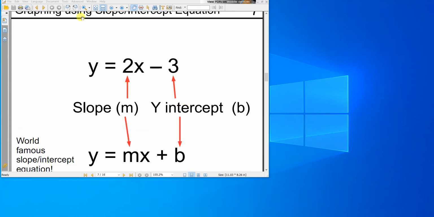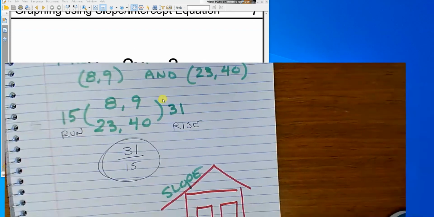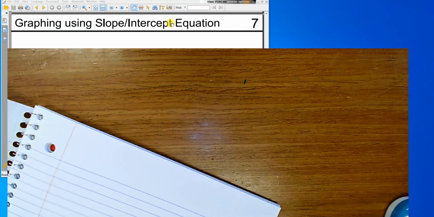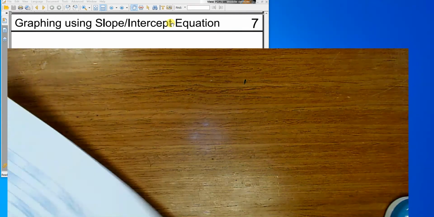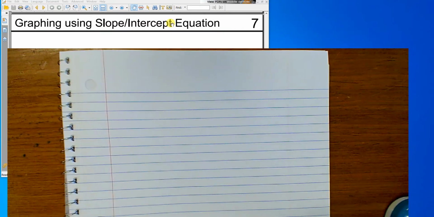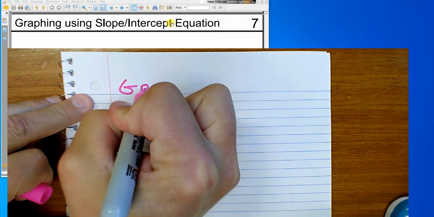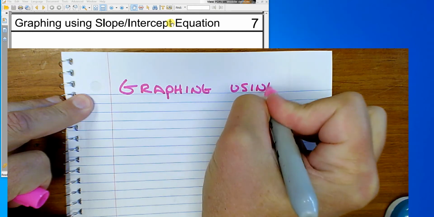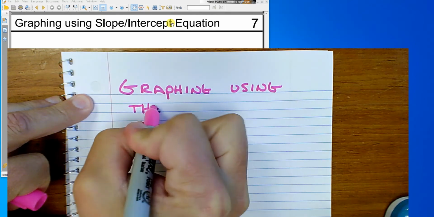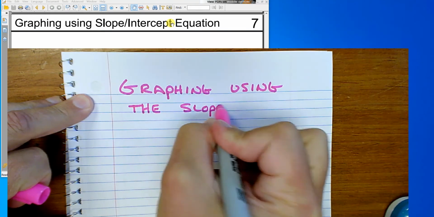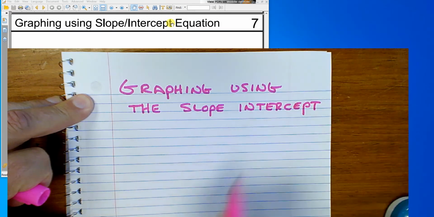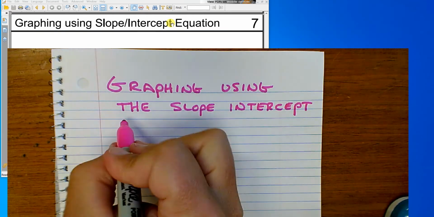All right, so let's get into our notes here. Our title is Graphing Using the Slope-Intercept Equation.